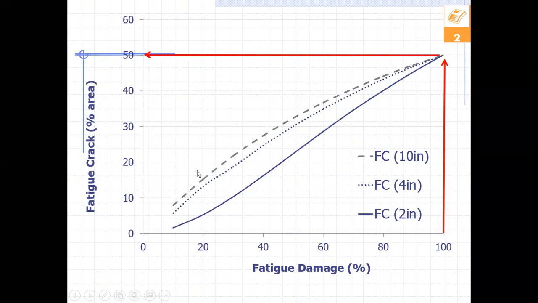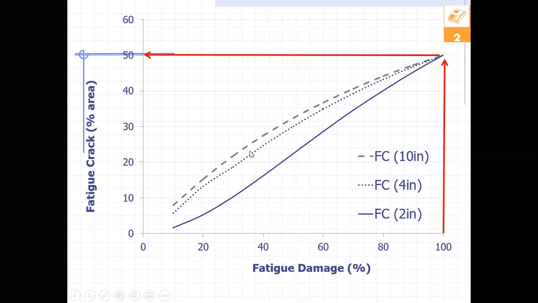In the old days, 20% fatigue crack was the end of the lifespan criteria for cracking. And that corresponds to fatigue damage of about 40%, roughly speaking. It depends on the thickness, you see. It's not the same for all thicknesses.